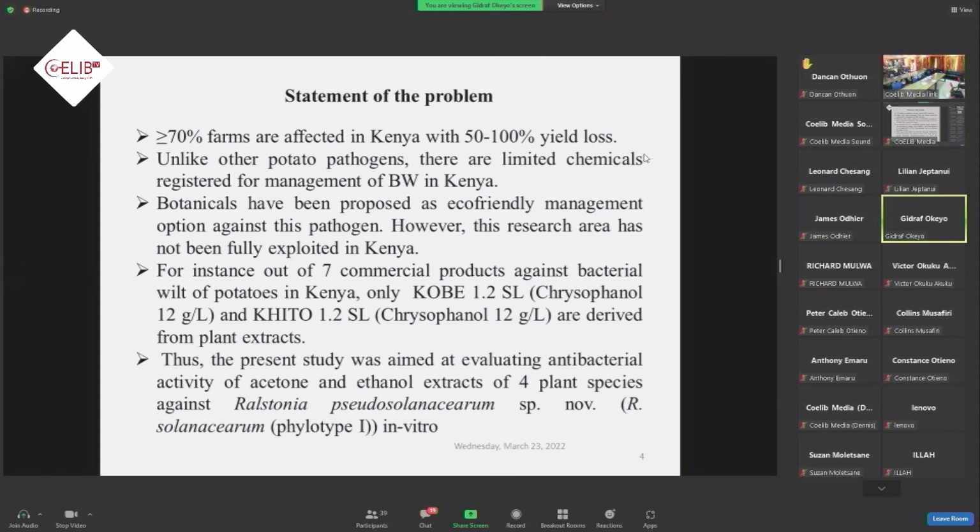But that area has not been exploited much, because out of the 7, only 2 are botanicals, and they have the same active ingredient. So this study aimed at evaluating other plant extracts that can have antibacterial activity and integrating them in the market in future as part of an integrated bacterial wilt management option.